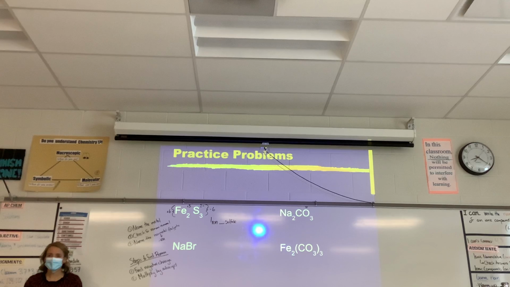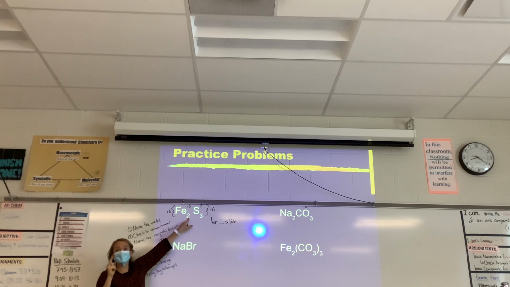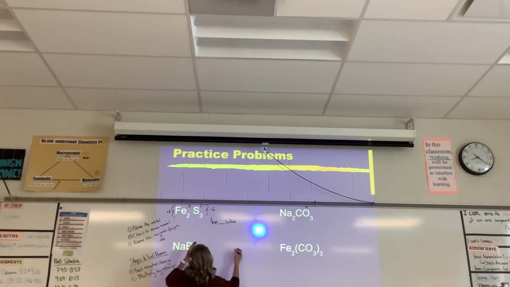Why divide by 2? Because there's 2 of them. This number outside is the positive total, and we have 2 of them. You can also look at it visually. Sulfur, I have 3 of them, so I'm going to draw 3 S's each with a -2.